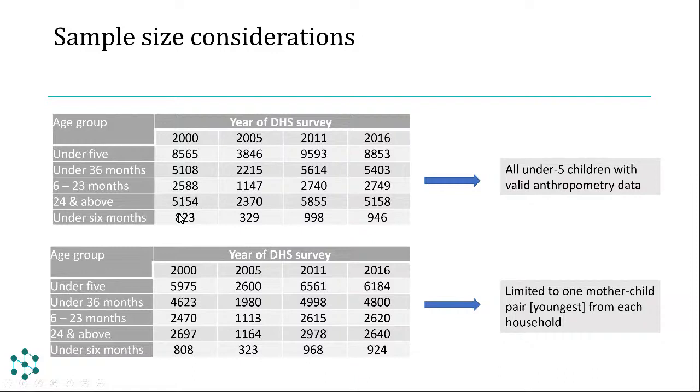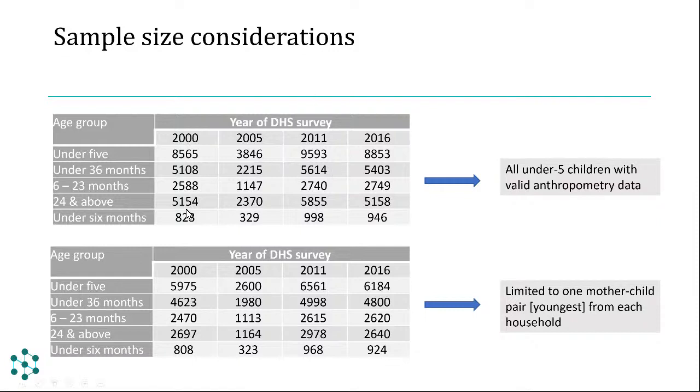And there's a smaller sample, 800 or so, in the less than 6 month age group. So this type of breakdown is also important because it lets you know whether you can do analyses stratified by age. And for Ethiopia, at least, this showed us that we could do analyses for the 2 older subgroups, but maybe not for the children under 6 months.